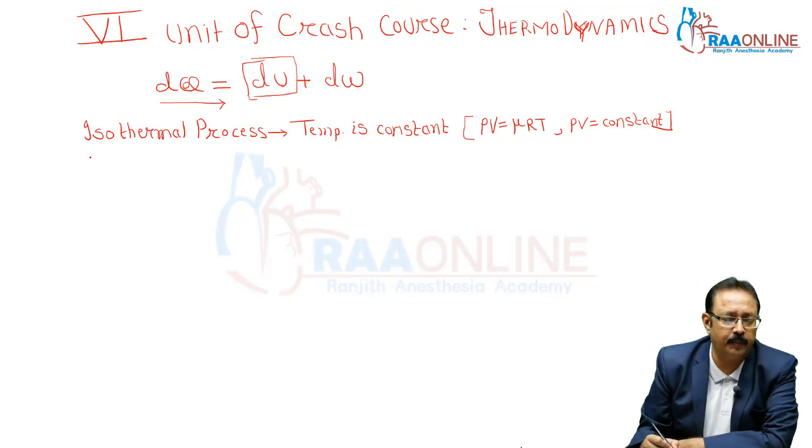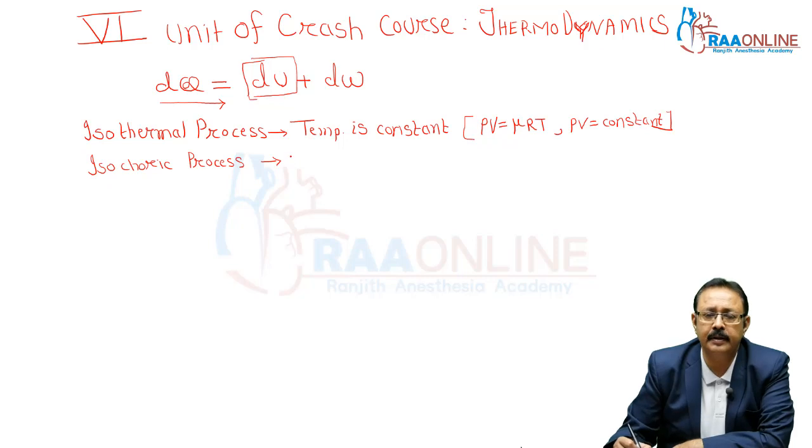After the isothermal process, the second one is the isochoric process. What is the isochoric process? In this process, volume should be constant.